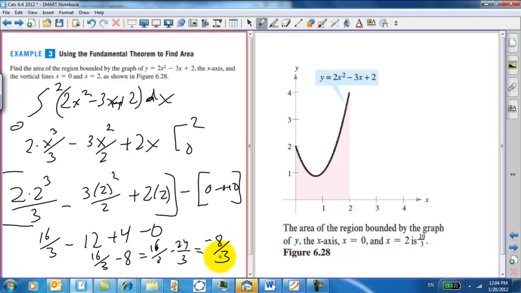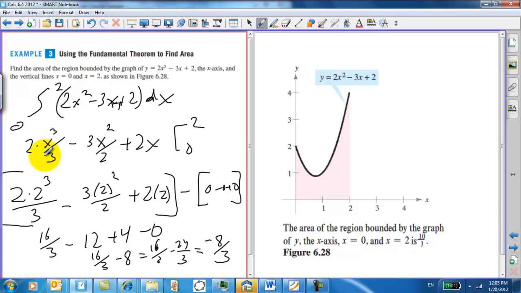And we're wrong. Let's find our mistake. It says here it is 10 thirds. So I think it's a matter of I did not multiply enough here somewhere. Let's look around. Minus 3 plus 2x. Put in 2. We got a 4 there. Minus 8, 16 thirds. Why is this coming up negative?